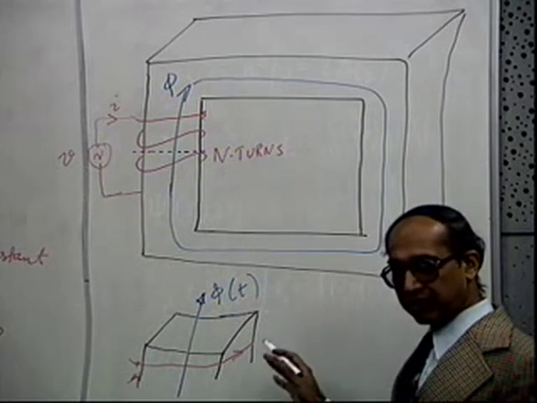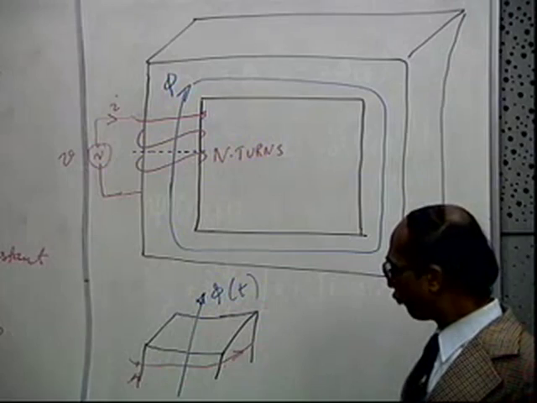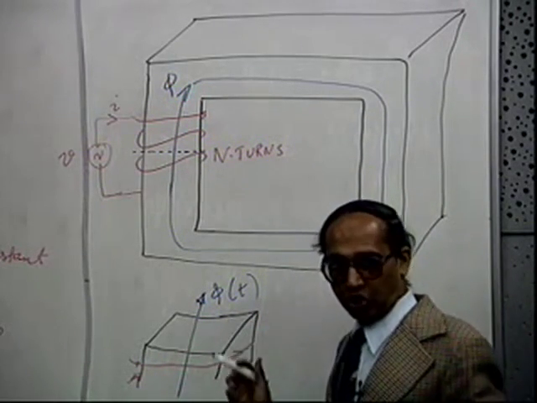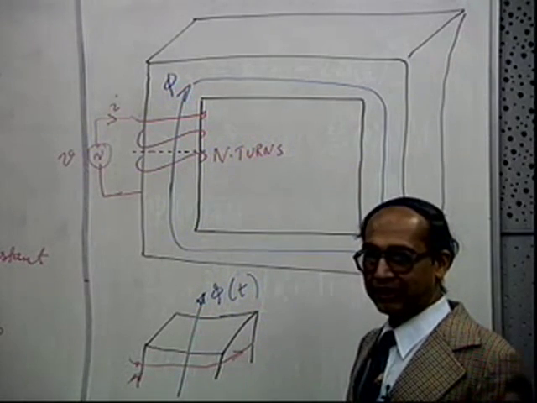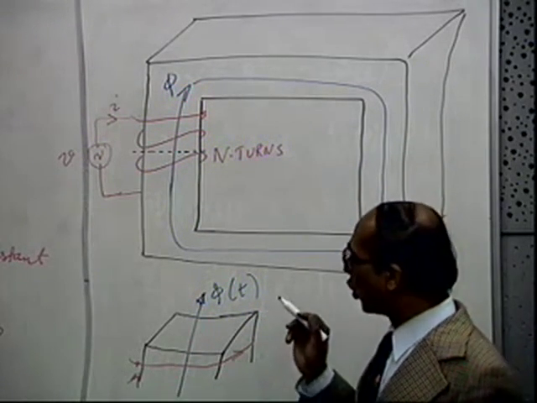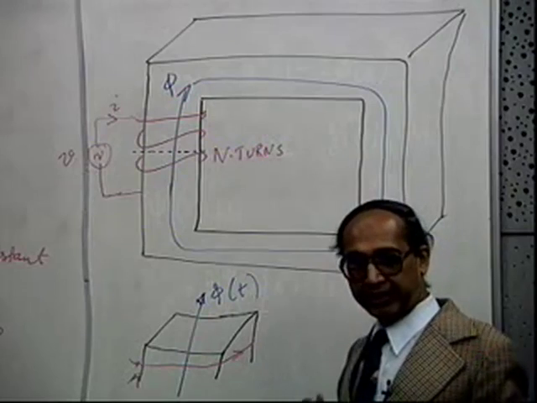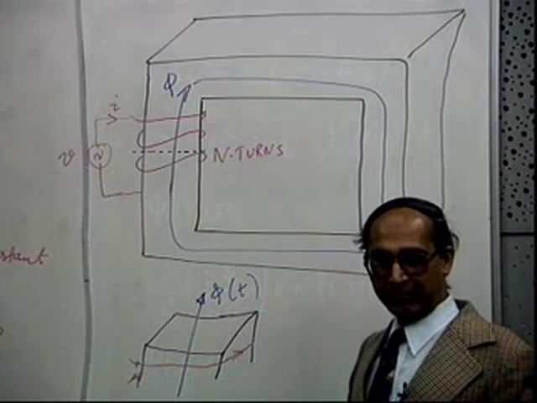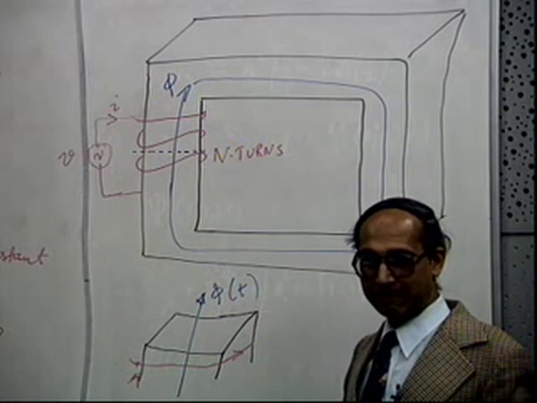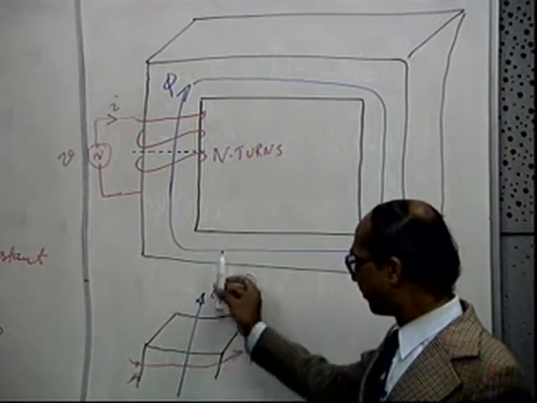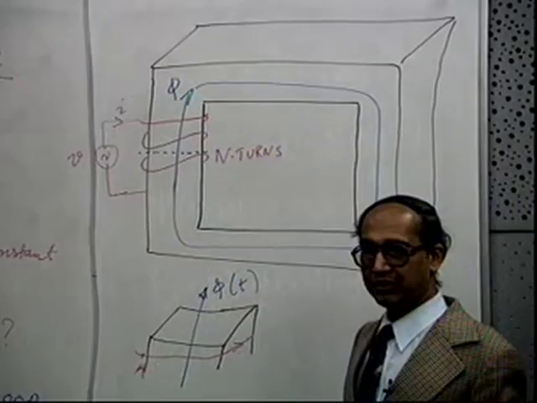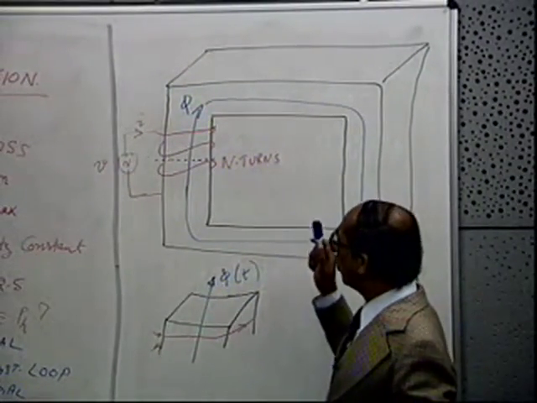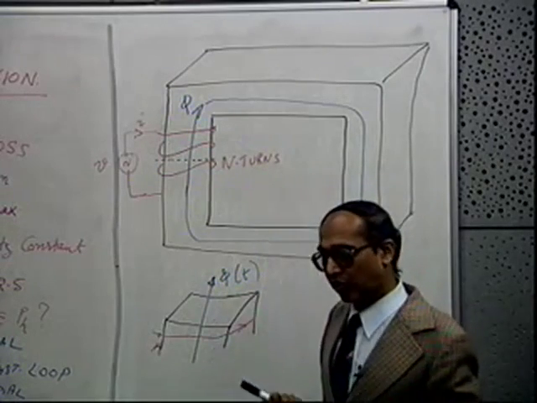When the flux changes with time in the core, after all, the core is also an electrically conducting material. Then what will happen? When there is a change of flux in the core, what do you expect? So there will be voltages induced in the core.